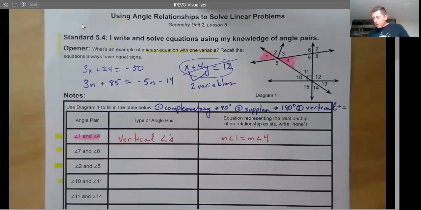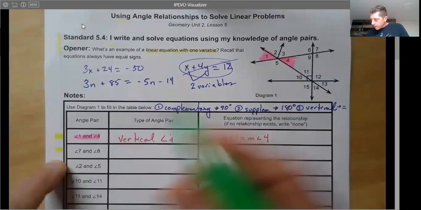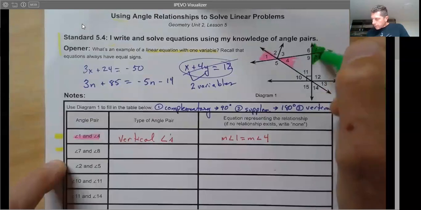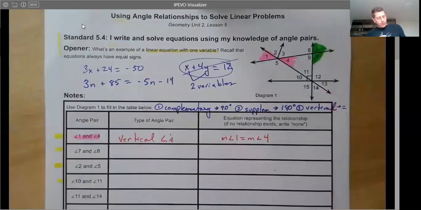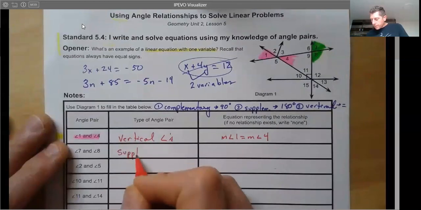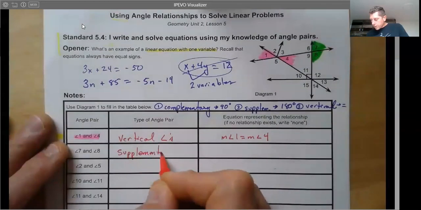I'm going to go ahead and try to jump into 7 and 8 here. So I got 7 right here, and then 8 right there. See if you can recognize what those are. They are supplementary angles.